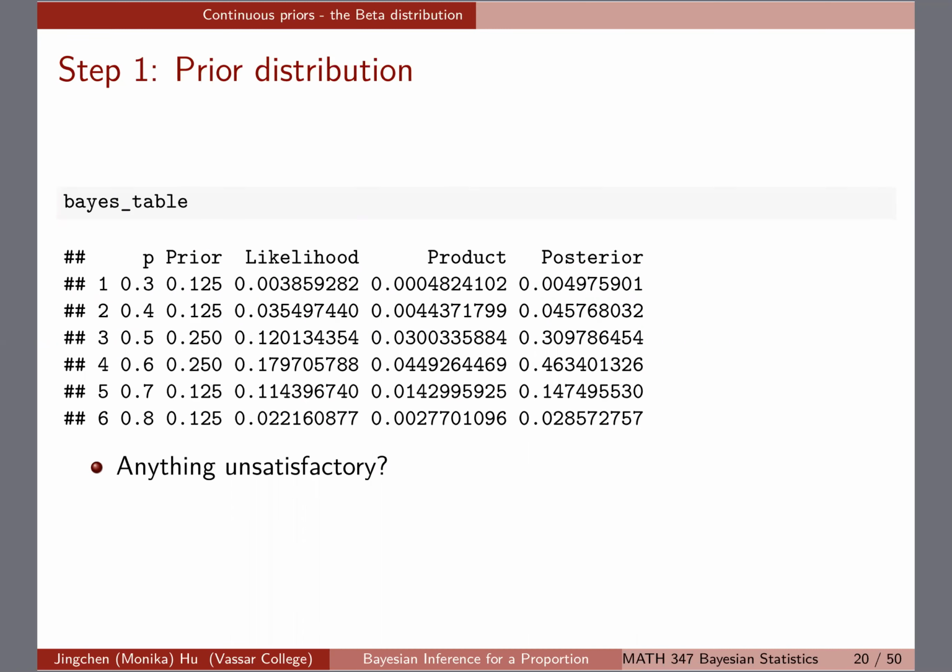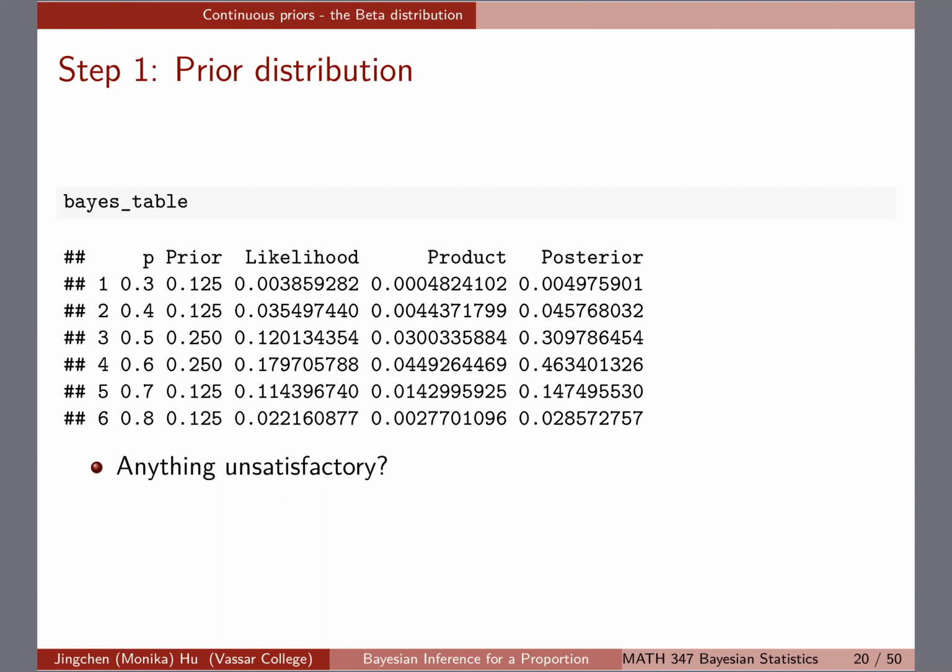My question for you, especially now that we're trying to talk about a continuous prior distribution, which is a beta distribution that we'll be able to cover, is this: there is a motivation for why we want to do continuous instead of discrete. So based on this table, well, the table is right, we know it's following the Bayes rule, but do you see anything unsatisfactory in terms of the particular inference that we're doing?